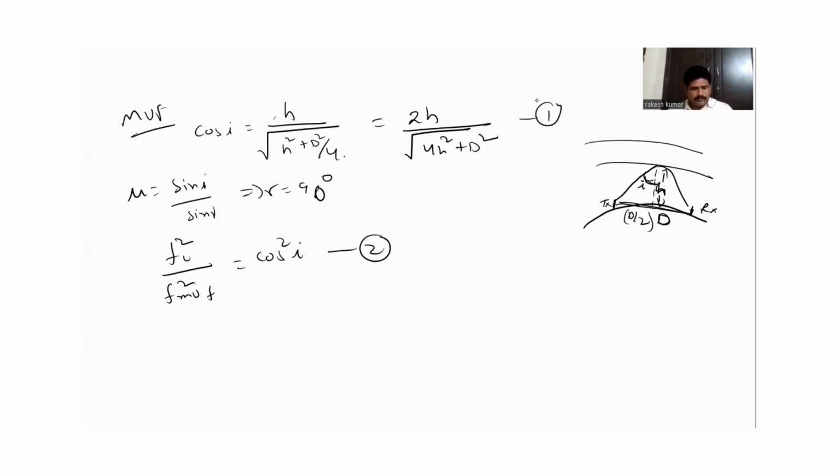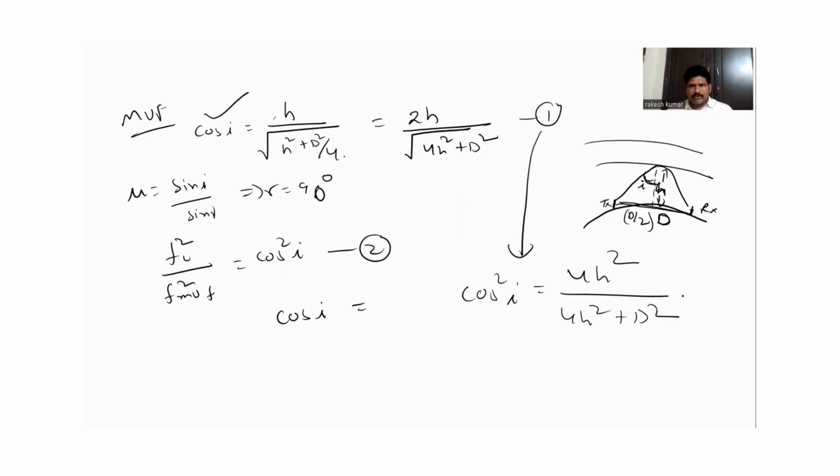From expression 1, cos square I is equal to 4h square by 4h square plus d square.